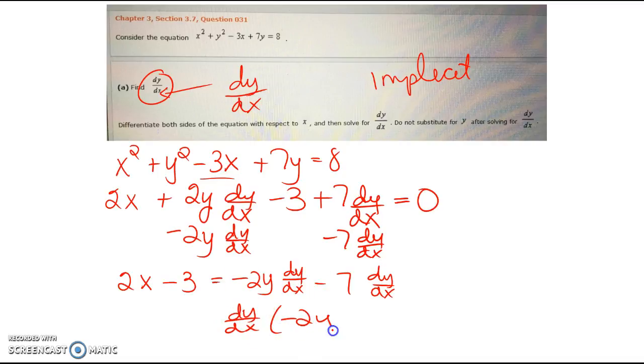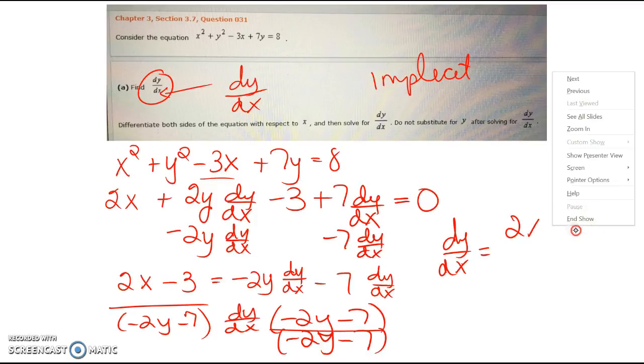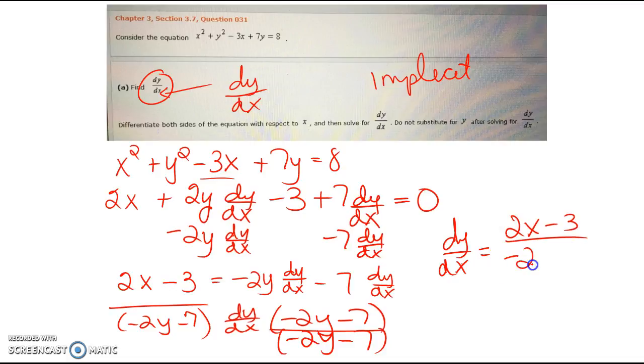This will be negative 2y minus 7 is what's left. So finally, if I divide both sides by this, my final answer, dy/dx, is 2x minus 3 over negative 2y minus 7.